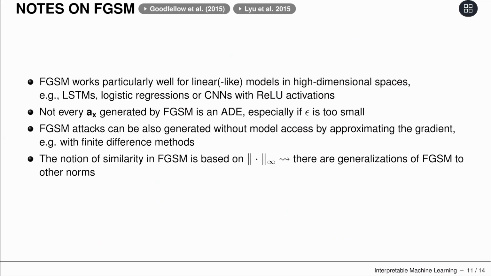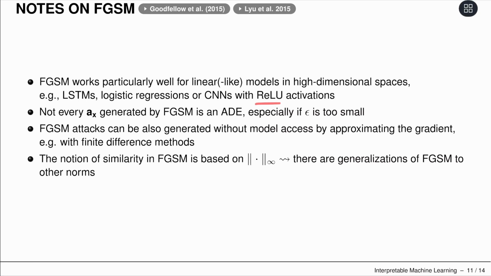Notes on FGSM: it works very well in the case of these linear-like, more or less linear spaces, like SVM, regression, and CNNs with ReLU activation functions, for example. There it's fairly easy to find these.